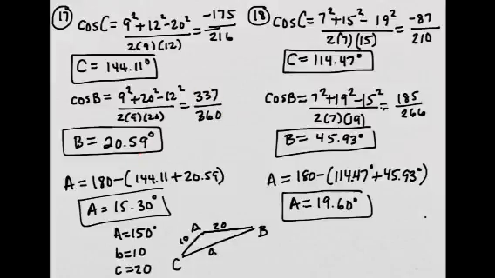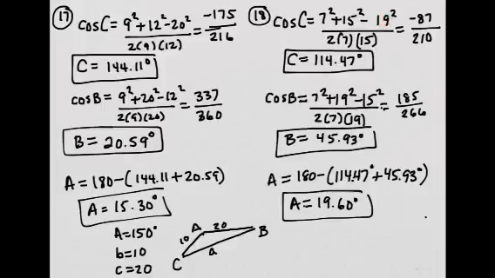And for the third angle, all I did was take 180 minus the sum of these 2 angles right here. Okay. For number 18, I have the same thing, just I looked for the longest side, which is 19.